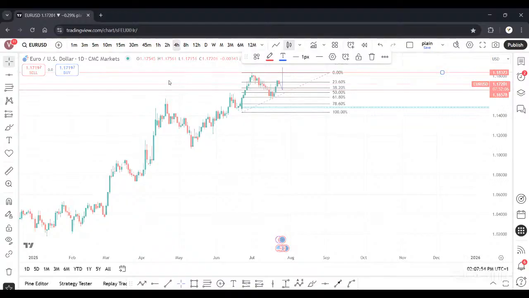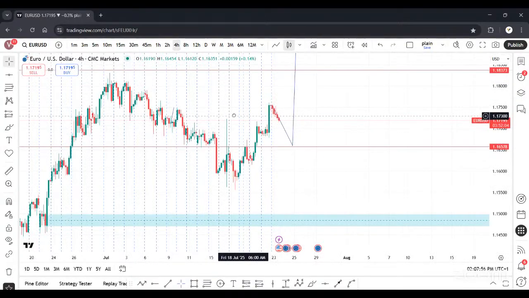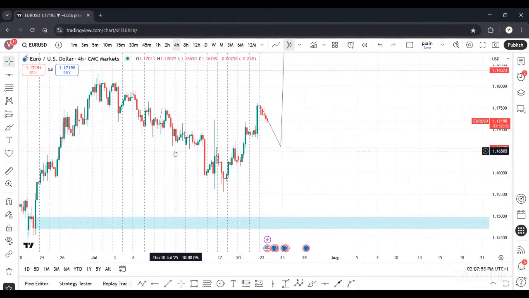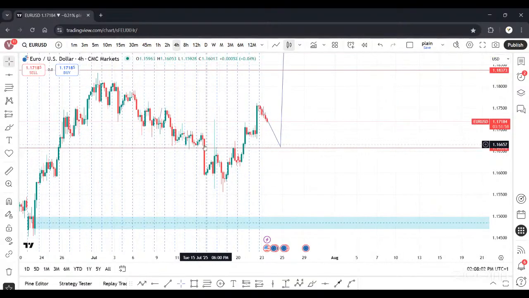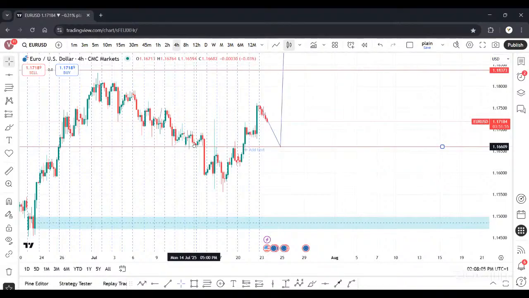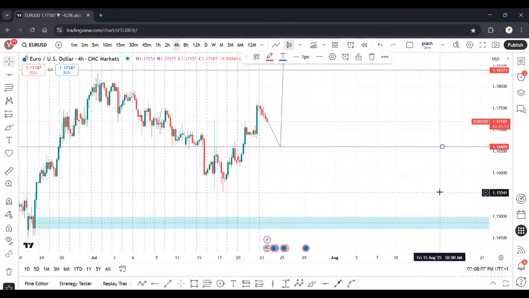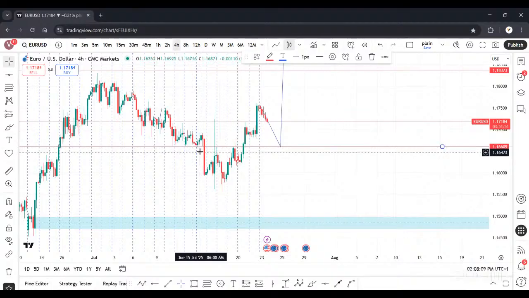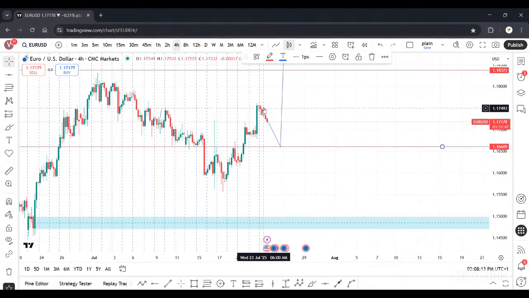And down to the 4-hour time frame. On the 4-hour time frame, there's even the box pattern strategy right here for a buy, left shoulder at 1.16609, sweep, we've seen it break to the upside, and we're seeing some kind of retracement.